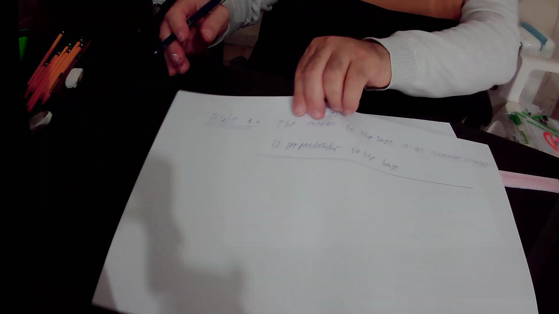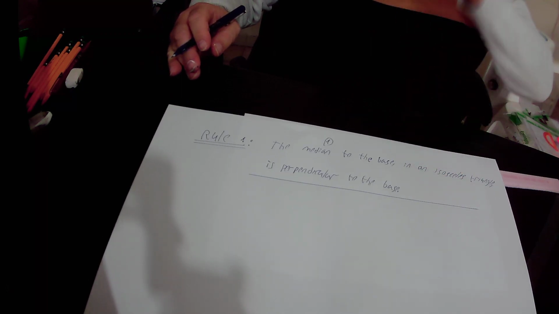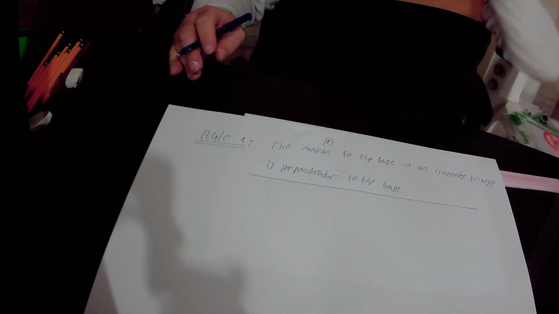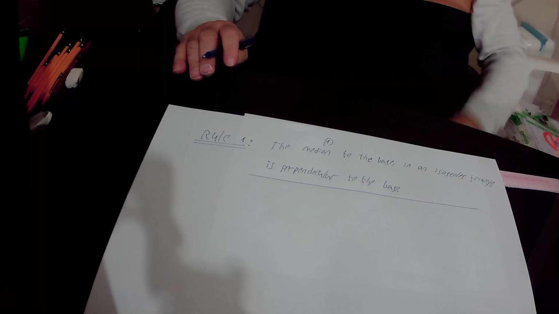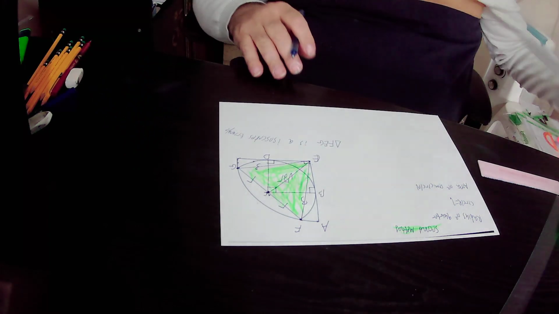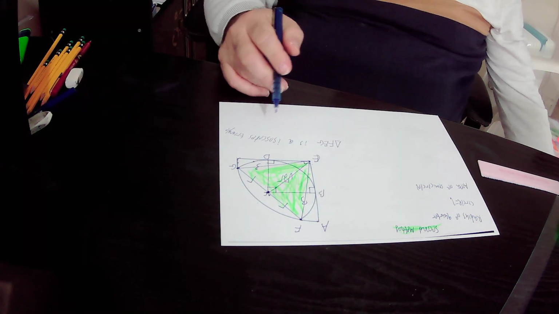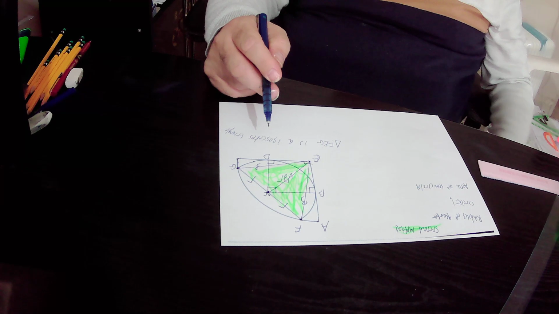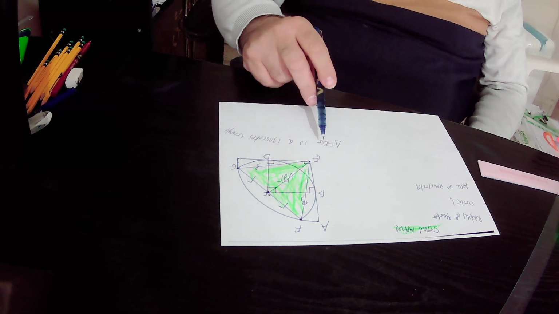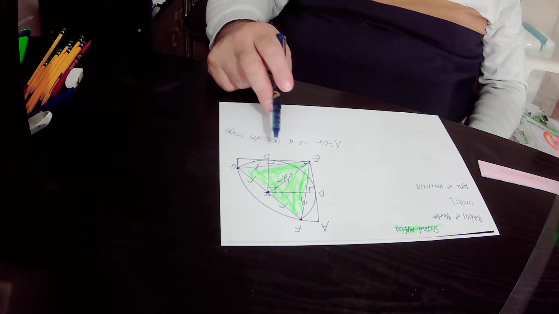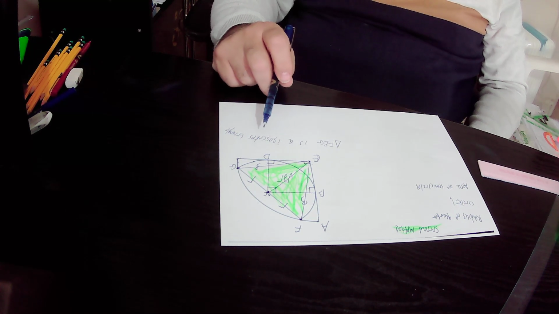So I read rule number 1 again. According to rule number 1, the median to the base in an isosceles triangle is perpendicular to the base. So we have already found out that triangle GEF is an isosceles triangle because FE equals EG equals 3 units. It is the radius of the quarter circle.